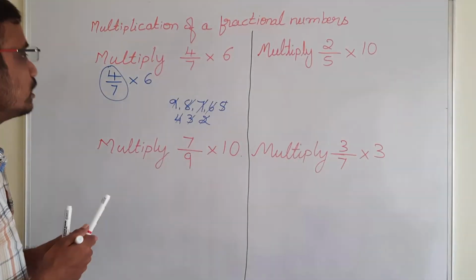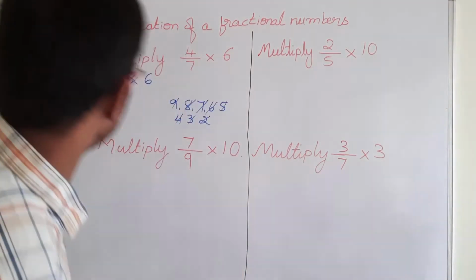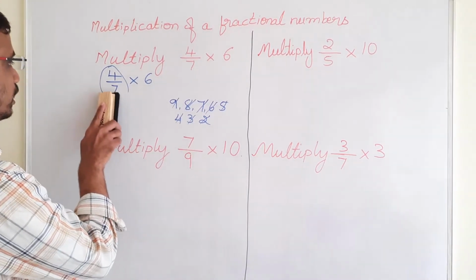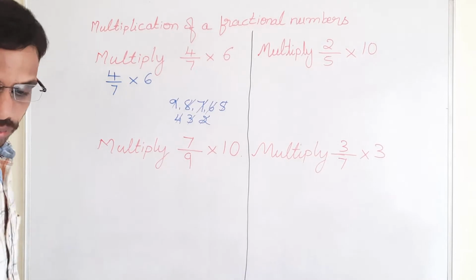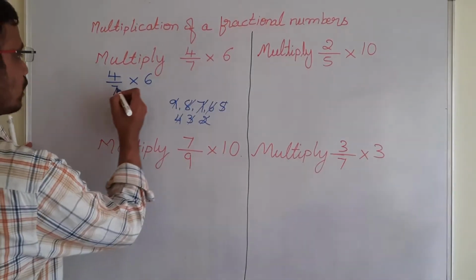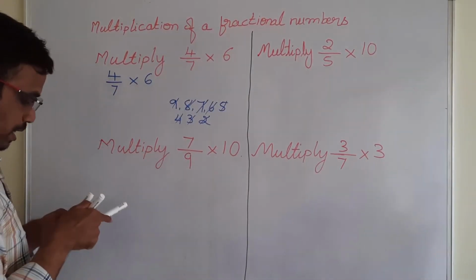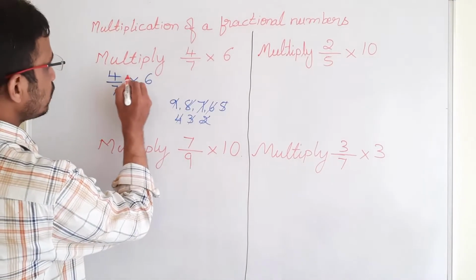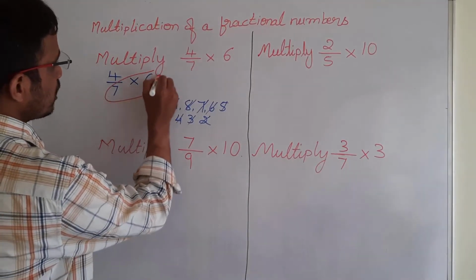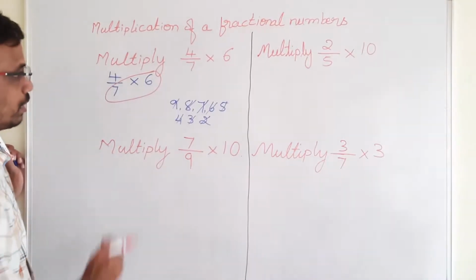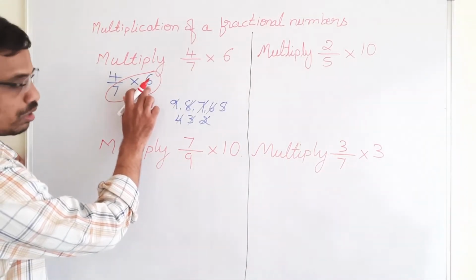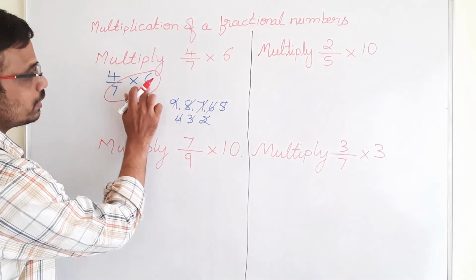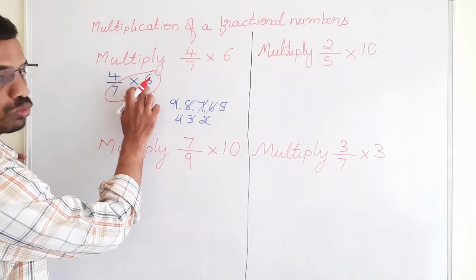Once the fraction is in the simplest form, the next step is to check the numerator and denominator with the other number. Now we will check with cross. I will take this numerator and this denominator. If there is only a single whole number, we will consider the whole as a numerator.